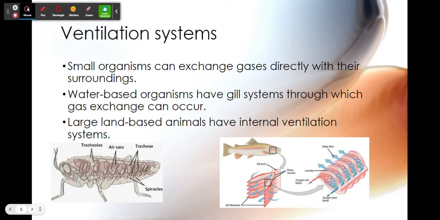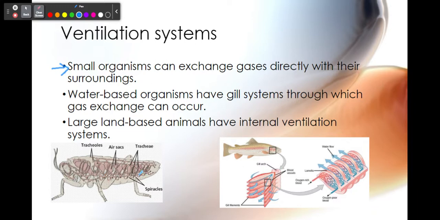So we have these amazing lungs that carry out our gas exchange. Not all animals have lungs like we have lungs. So just a quick look at some of the other ways that organisms can carry out gas exchange. So little things like bugs actually carry out gas exchange directly with their surroundings.